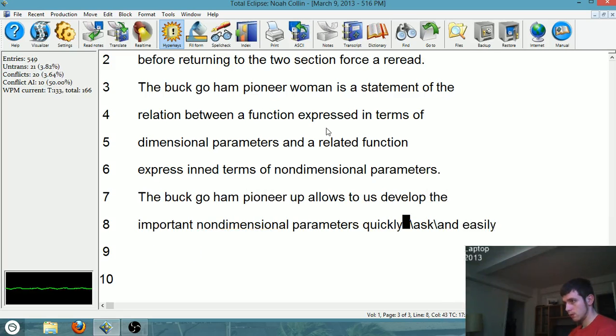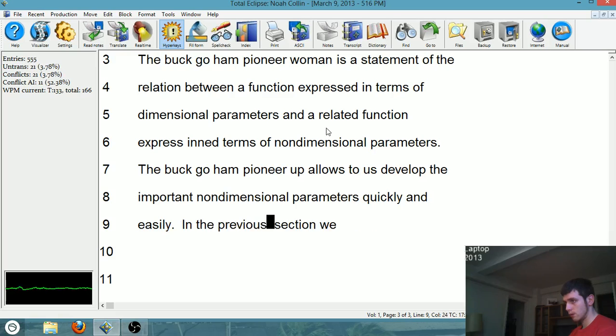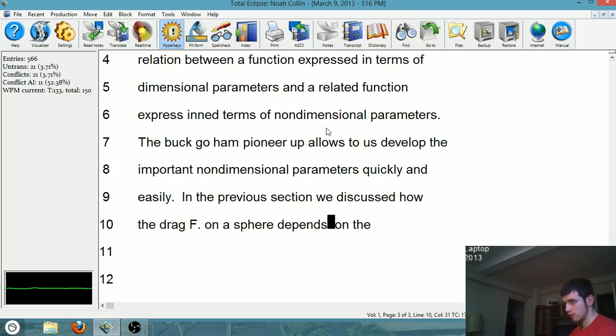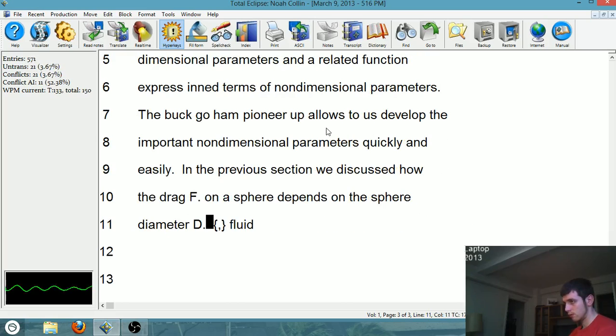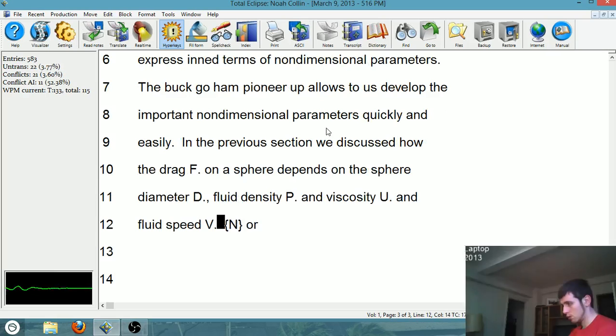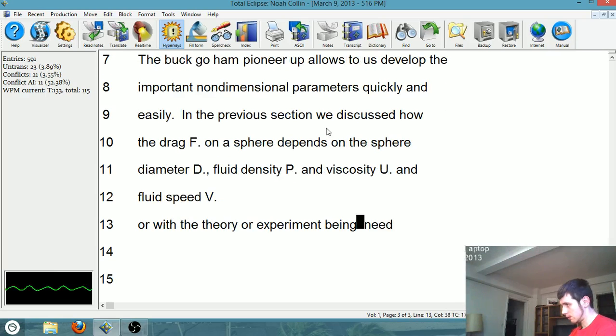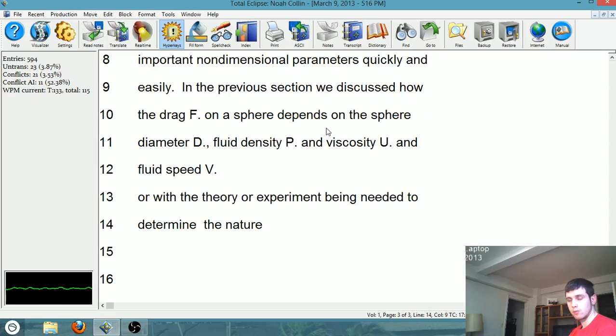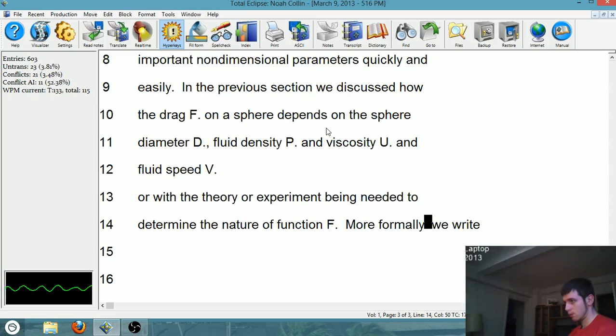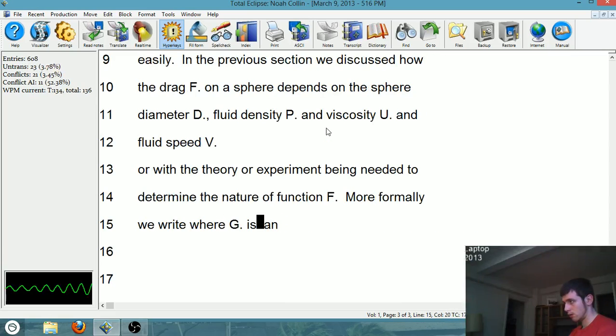In the previous section, we discussed how the drag F on a sphere depends on the sphere diameter d, fluid density rho, viscosity mu, and fluid speed V, with theory or experiment being needed to determine the nature of function f. More formally, we write F = G(d, rho, mu, V), where G is an unspecified function different from f.